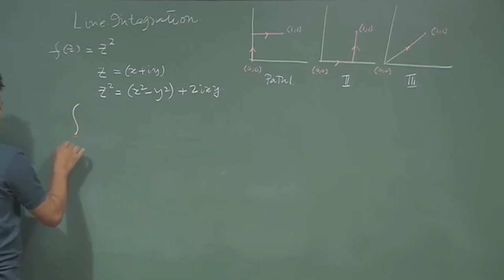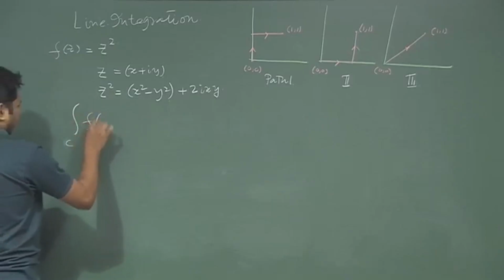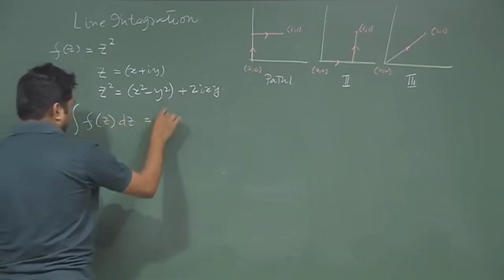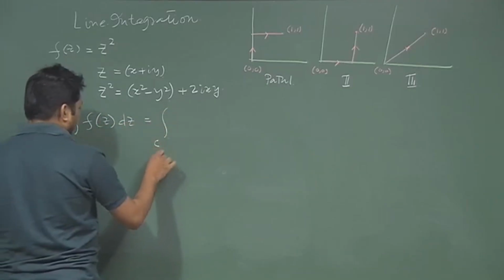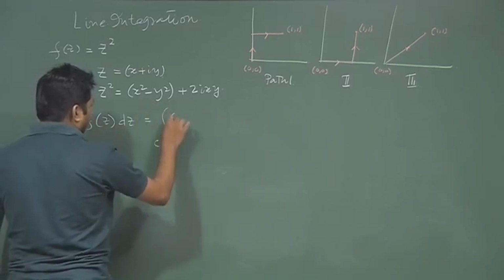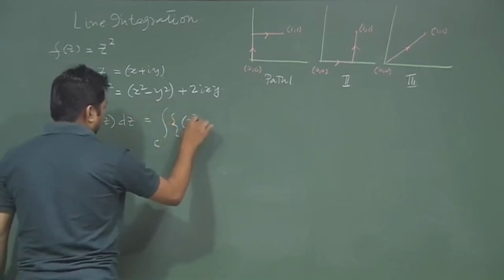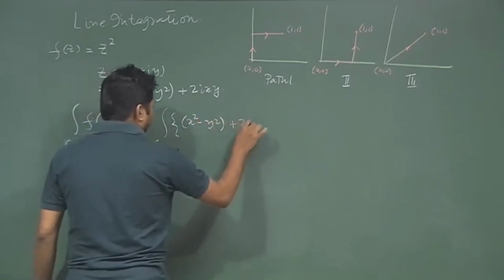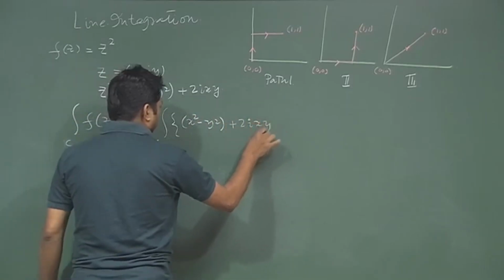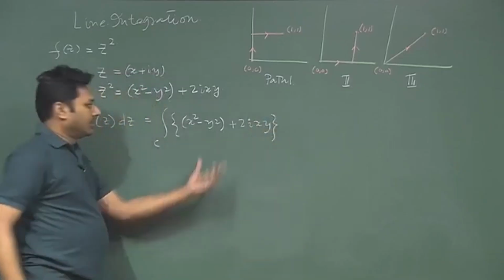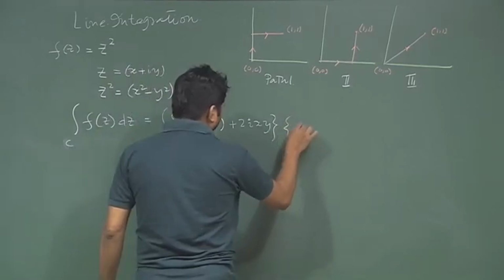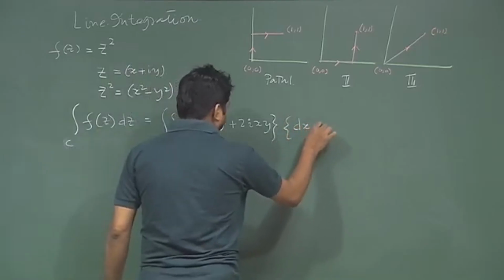So, now for path 1, the integral of f(z) dz is simply this quantity, x square minus y square plus 2ixy, multiplied by dz, which is dx plus i dy.